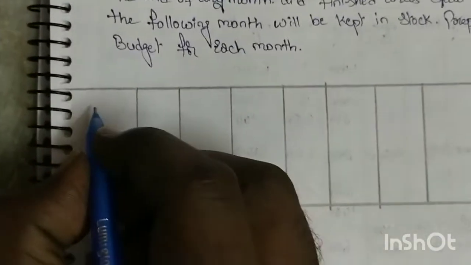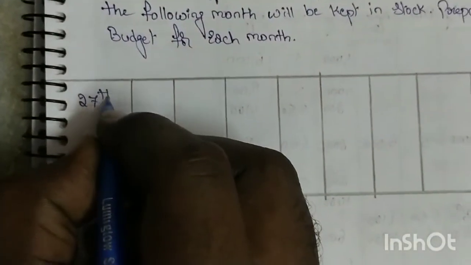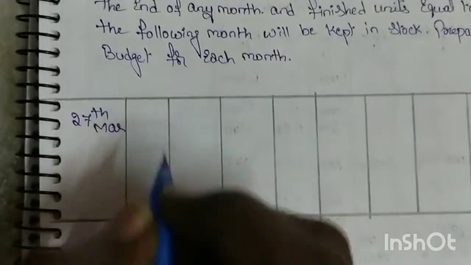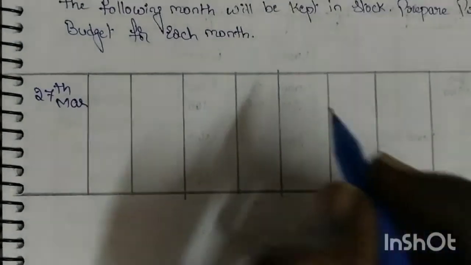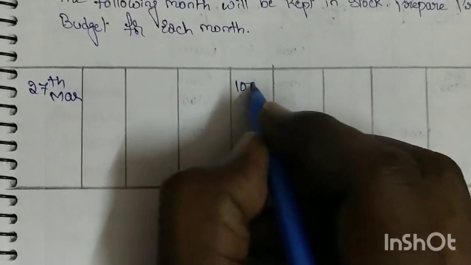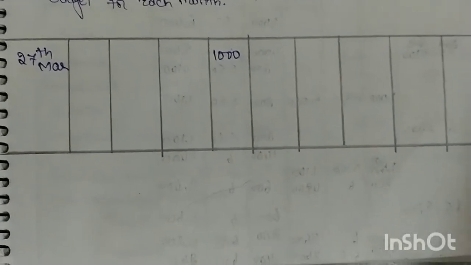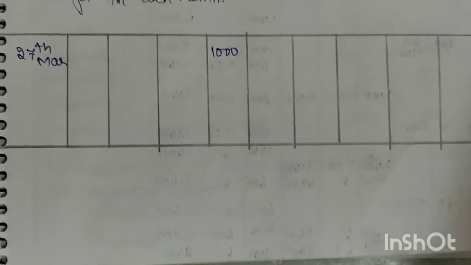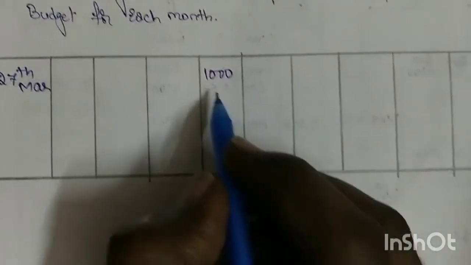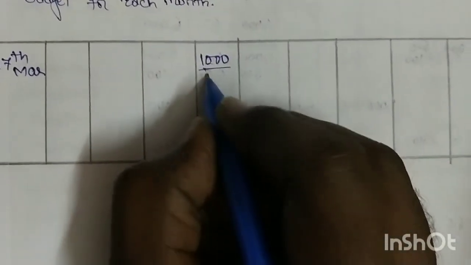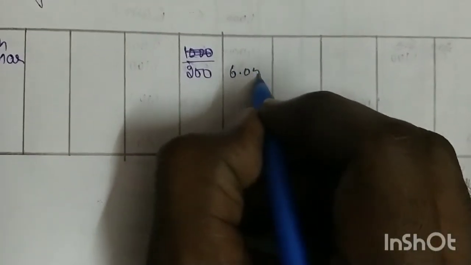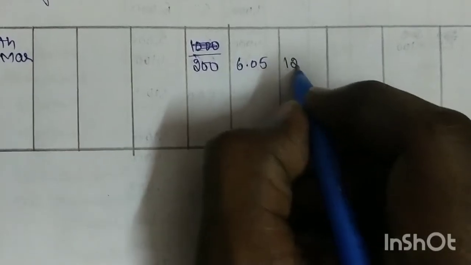So next on 27th March, we have to go for issuing the 1000 units. But before that, we'll first go for issuing 200 units which is pending at a price of 6.05, and the amount will be 1210.